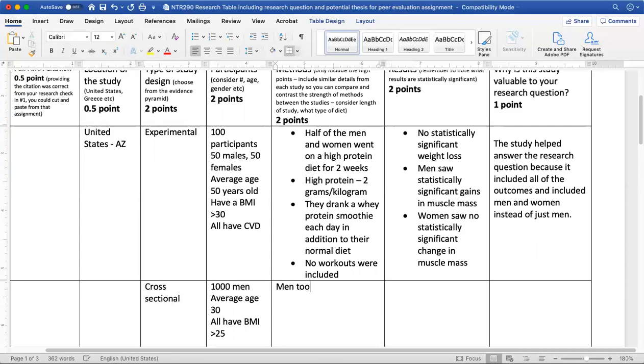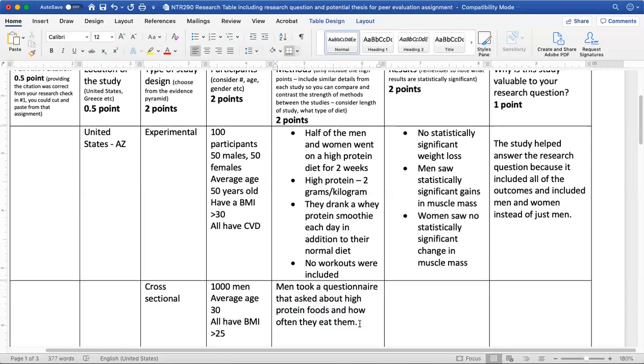The men took a questionnaire that asked about high protein foods and how often they eat them. So anytime you're doing just a one-time snapshot questionnaire, or they could have done a 24-hour food recall or a food frequency questionnaire, you're really not able to get down to cause and effect.